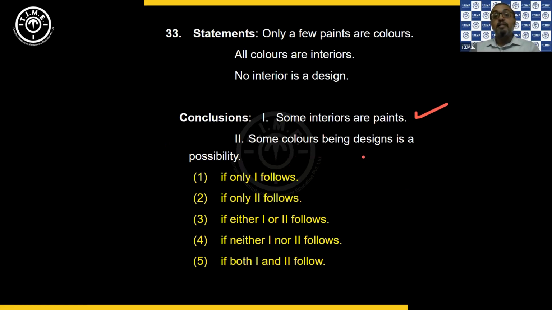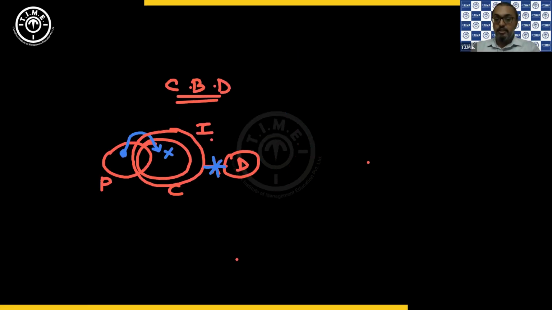Now look at the second one. He says some colors being designs is a possibility. So is it possible to have colors and designs overlap with each other? See, the interior one is the C circle.